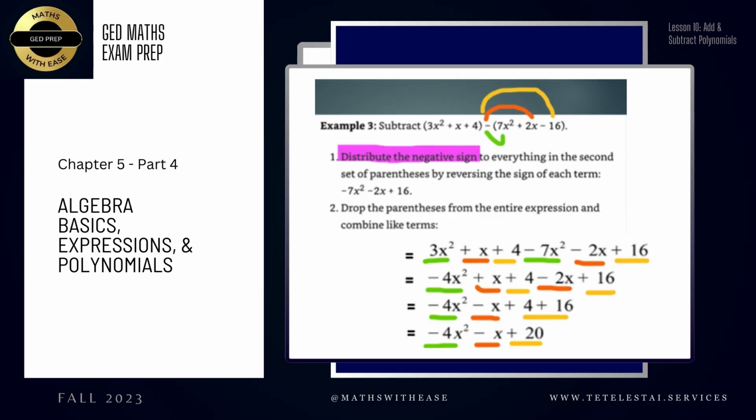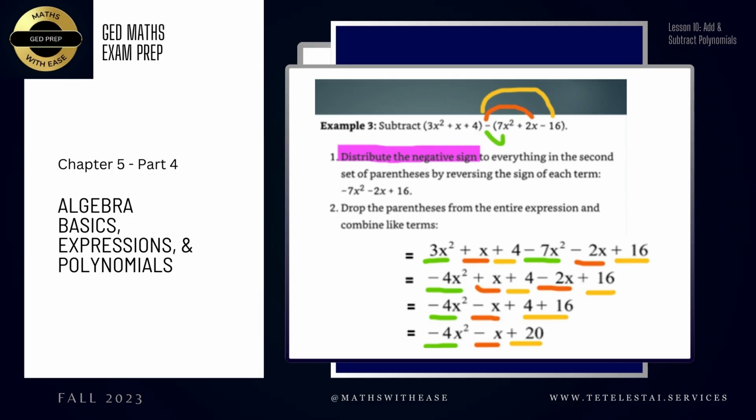So we have a positive 3x squared, a positive x, a positive 4, a negative 7x squared, a negative 2x, and a positive 16. We proceed by combining like terms. 3x squared minus 7x squared is negative 4x squared.